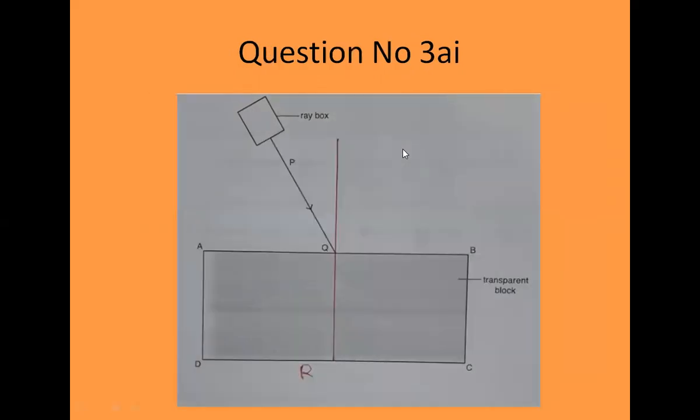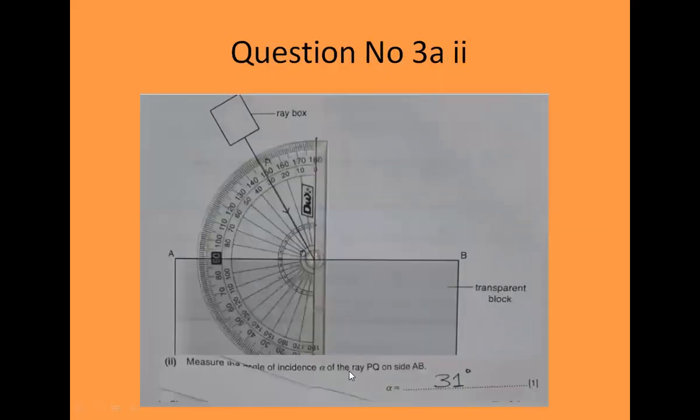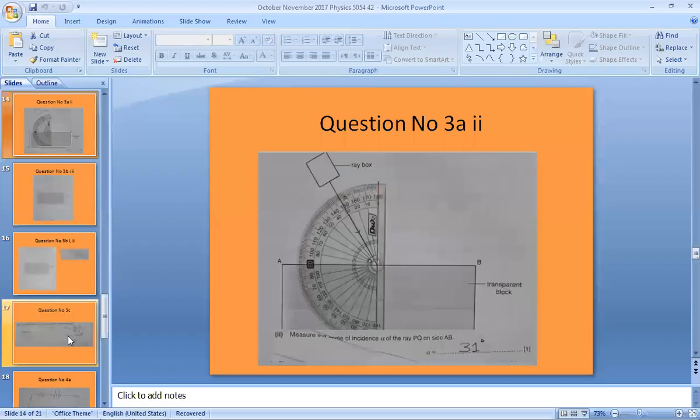Then I draw this red line, which represents the normal. When I extended this normal and it cut the CD side, I labeled it as R. Okay, so that's the next part.